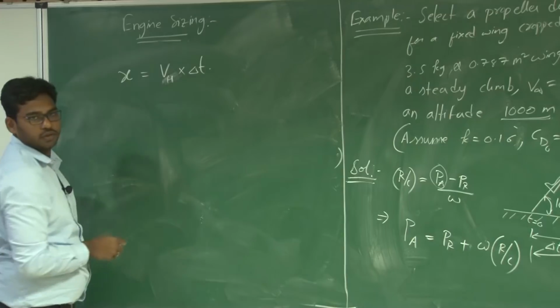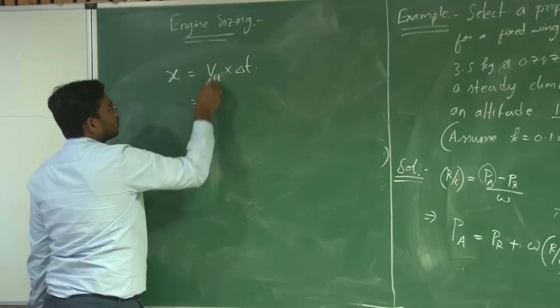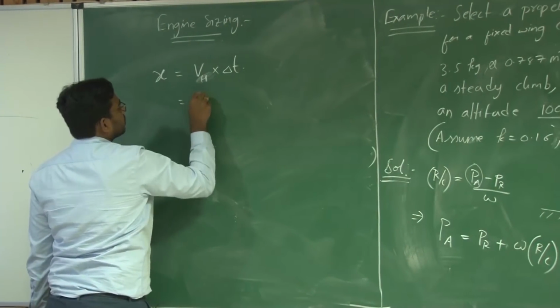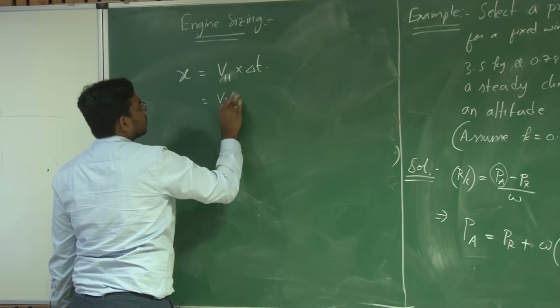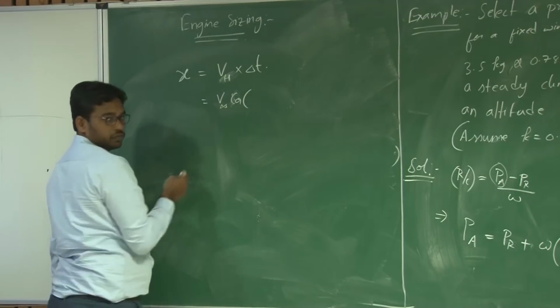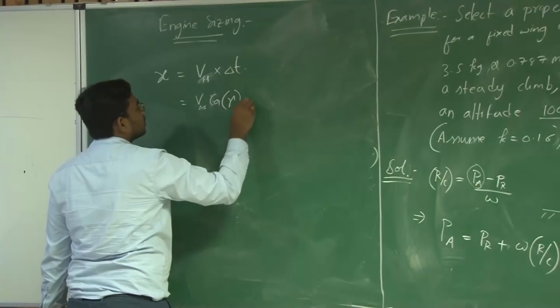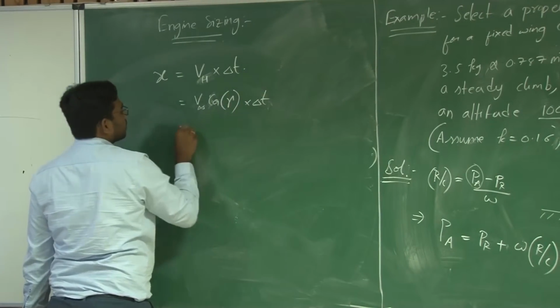So, what is the horizontal component of velocity? Climb velocity into cos gamma into delta t.